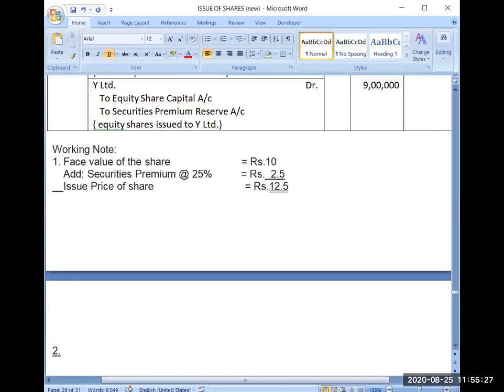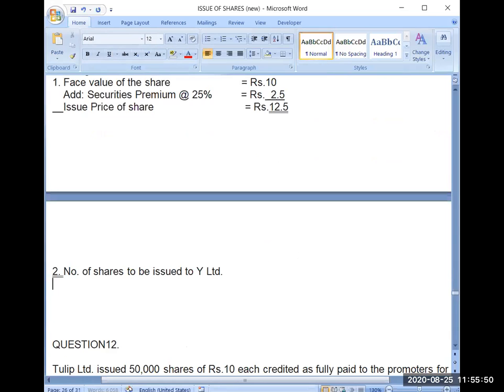Then second working note. Number of shares to be issued to Y Limited. Now purchase consideration is how much?